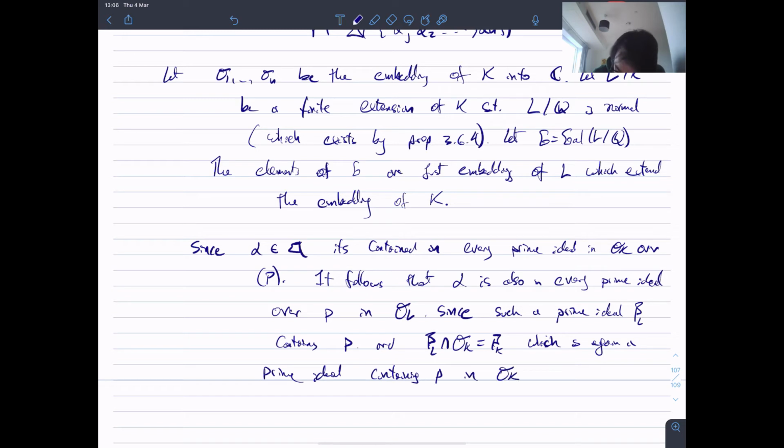But now, OK. I know that whatever the prime ideal over L is, when I intersect it with K in the middle, this contains alpha.